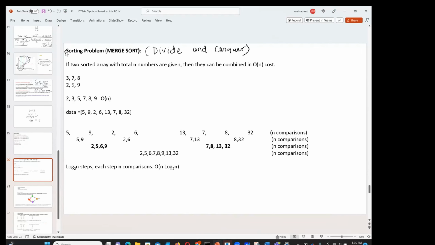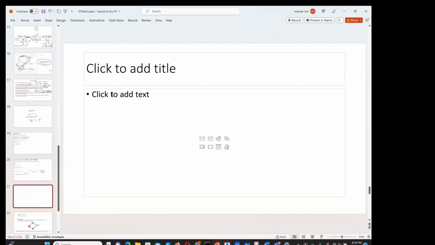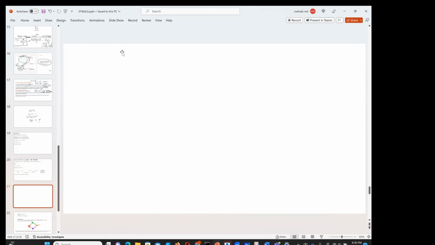Okay, so let's look at the combine part. Say you are given two sorted arrays: 3, 9, 15, and the other sorted array is, let's say, 2, 10, and 13.